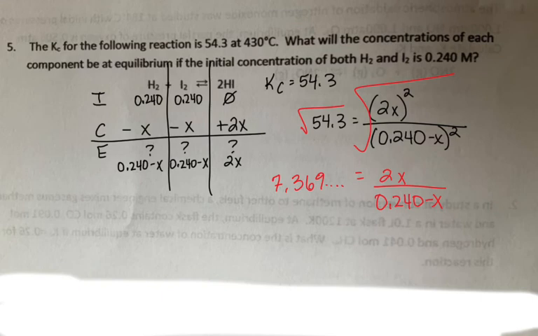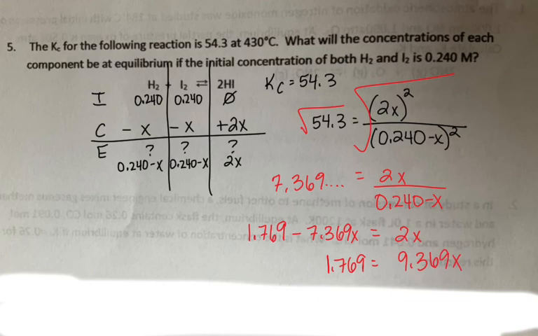I'm telling you that because if you round, you're going to get different numbers than what I get. For x, I get 0.189.